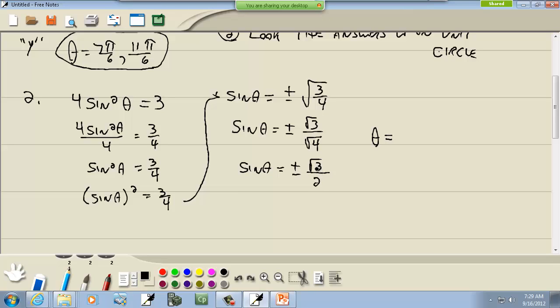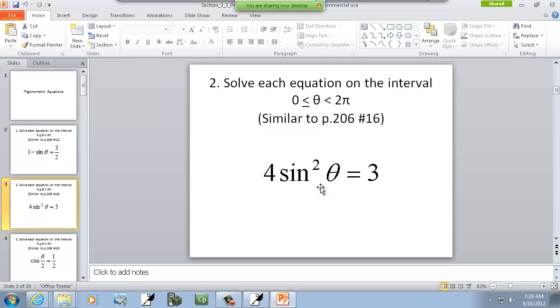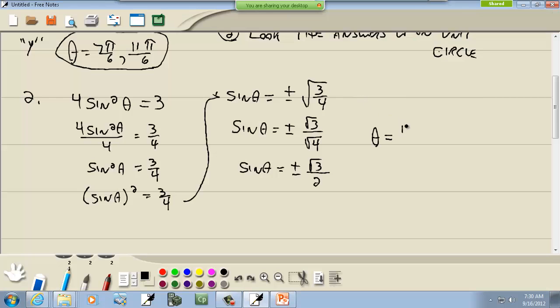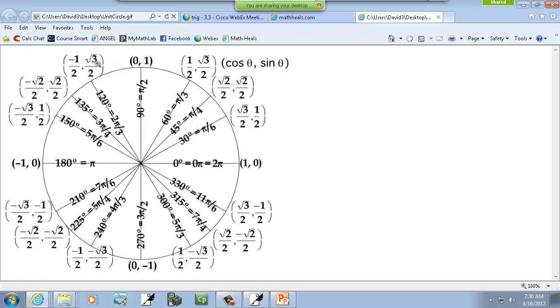So now we're going to go around our unit circle, and we're going to look for where the y part, because sine is our y, is equal to either a positive square root of 3 over 2 or a negative square root of 3 over 2. Looking at our y part, here's a positive square root of 3 over 2, so pi over 3. Here's a positive square root of 3 over 2, so 2 pi over 3.